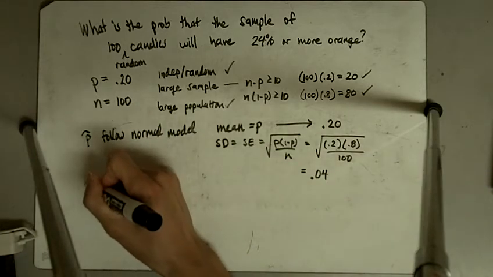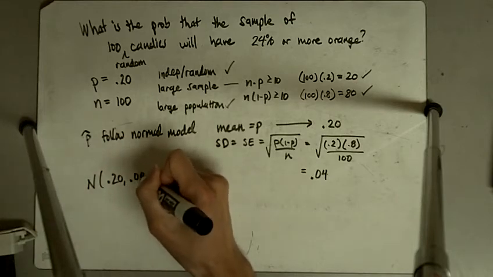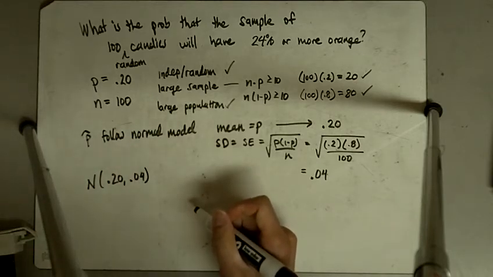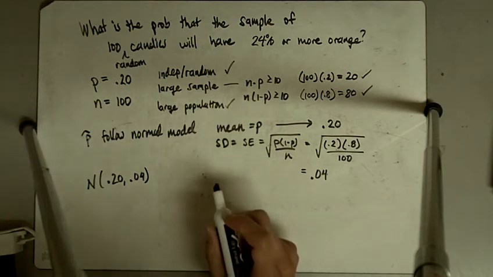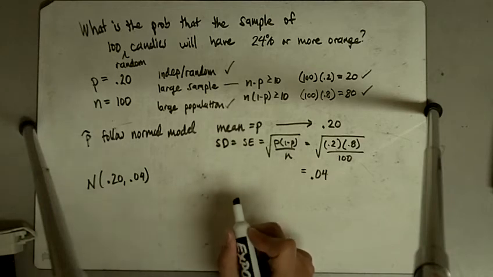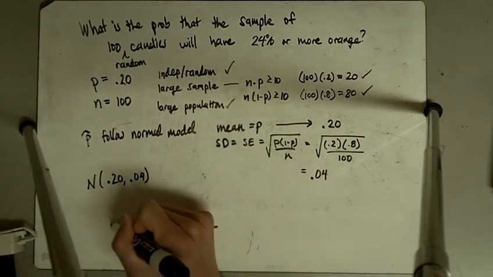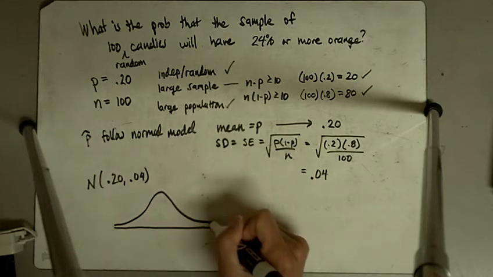So now I've got a normal model with mean 0.20 and standard deviation 0.04, and it's asking to find the probability that the random sample of 100 will contain 24% or more orange candies. At this point, this is a normal model problem.